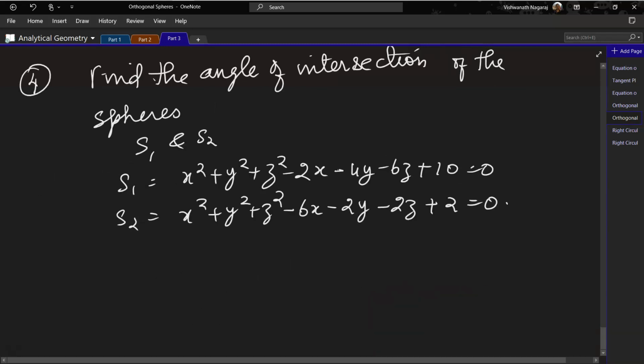So we have to find the angle of intersection of the spheres. Now, as usual, for S1, let's figure out u1, v1, w1.